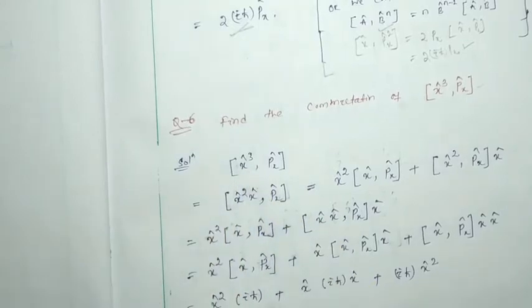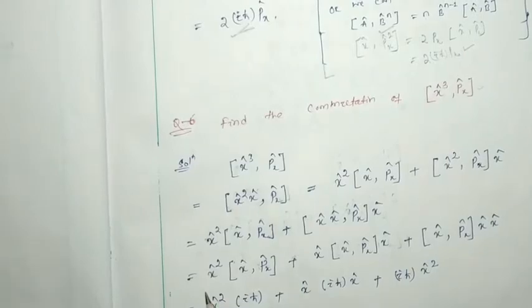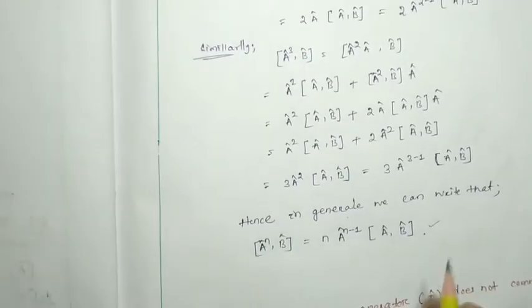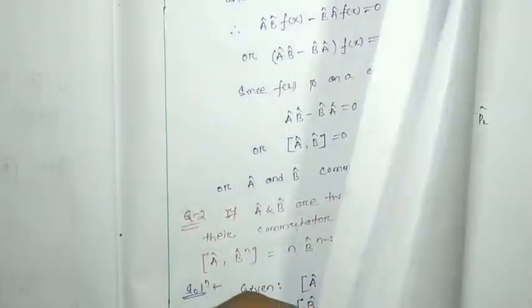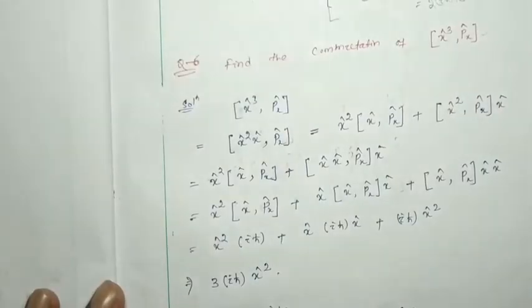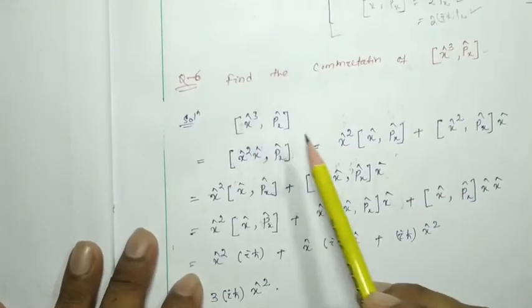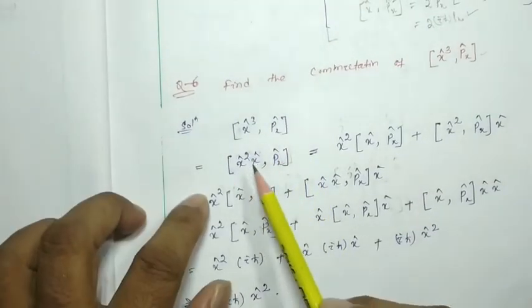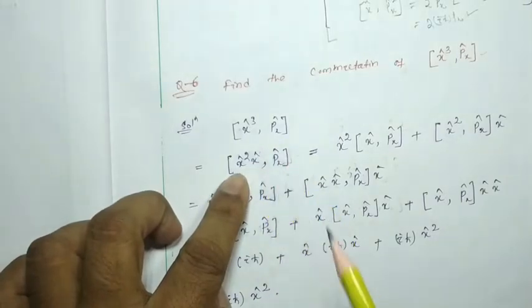Then another way, we are going to use the formula that we found in our question number 3 and question number 2. See, x cap cube px cap, so it will be x cap square x cap px cap.